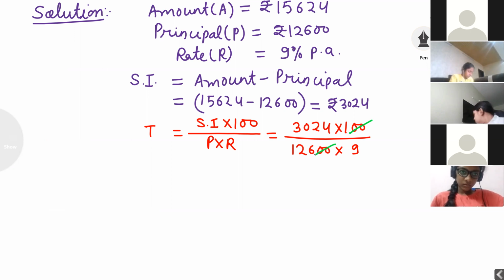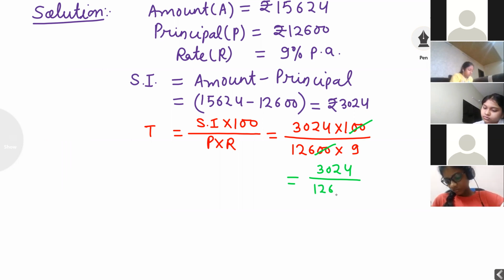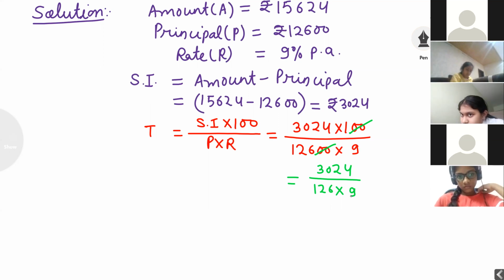Numerator became 3,024 divided by 126 into 9. Yeah, 3,024 is divisible by 9. How to check 3,024 divisible by 9? Sum of all digits is a multiple of 9. Then we can say that, divisibility rule of 9. I want to divide by 9.